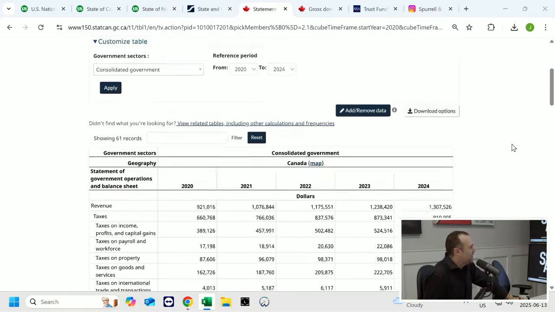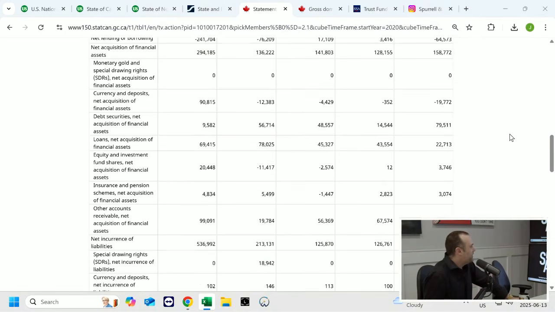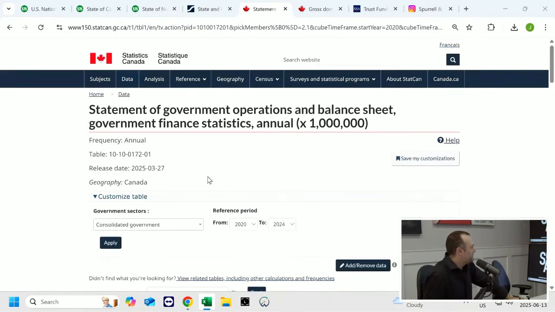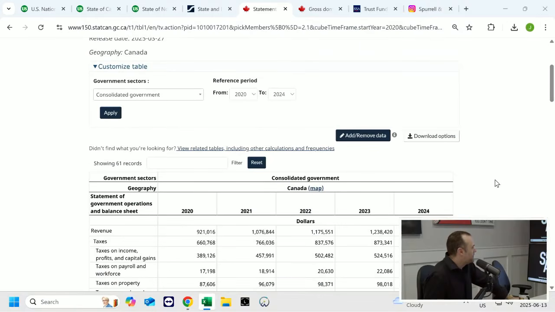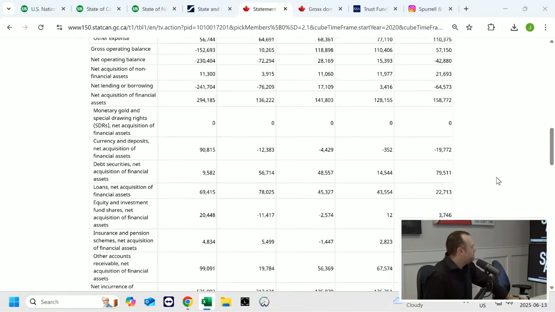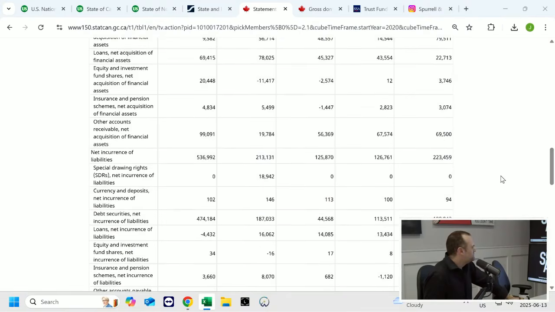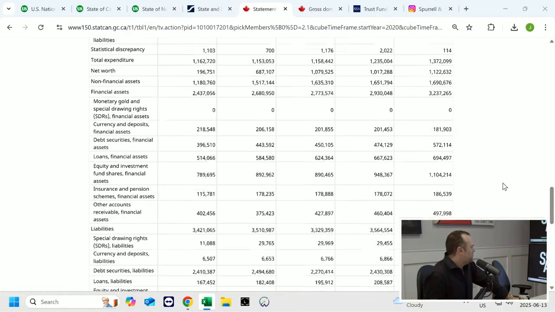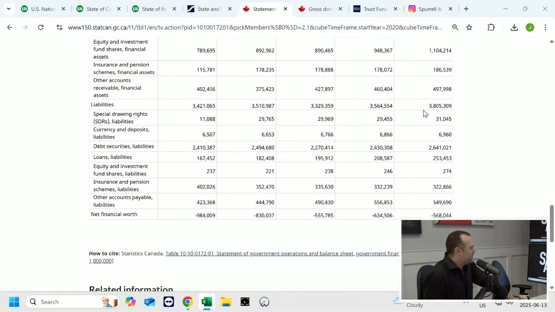Okay, so I'm going to go down here, and this is from the StatsCan website. This is December 31st, 2024. Financial liabilities. Okay, here you go. 3,805 billion. That's where that's coming from.